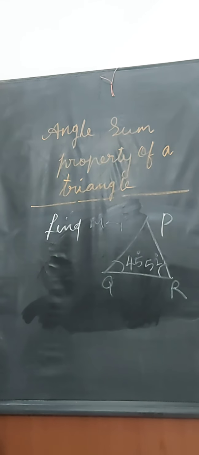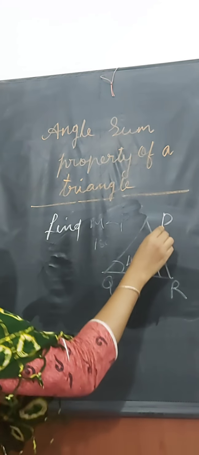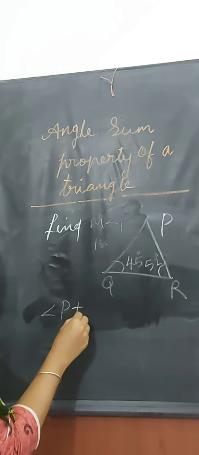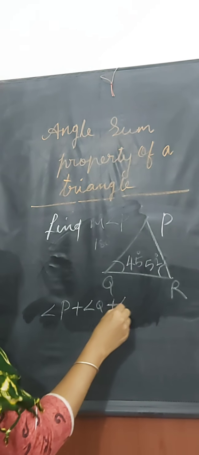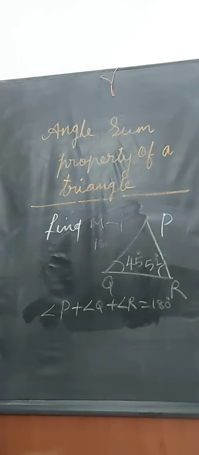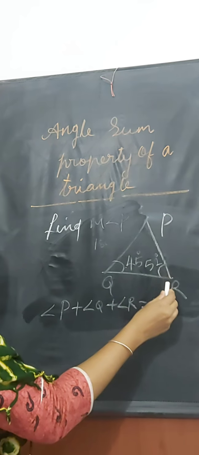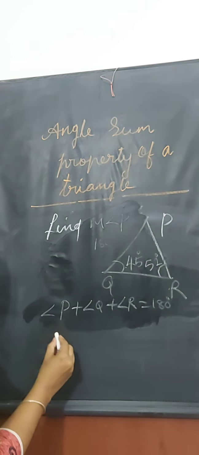Yes, we know that the angle sum property is that the sum of all interior angles of a triangle equals 180 degrees. That means angle P plus angle Q plus angle R equals 180 degrees. Given in the question, angle Q equals 45 degrees and angle R equals 52 degrees.